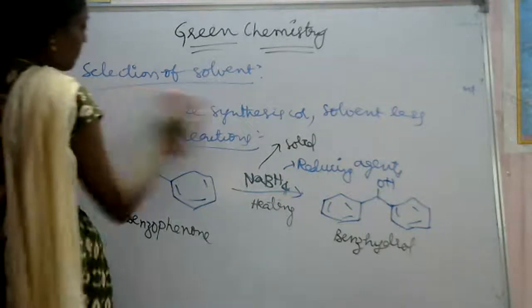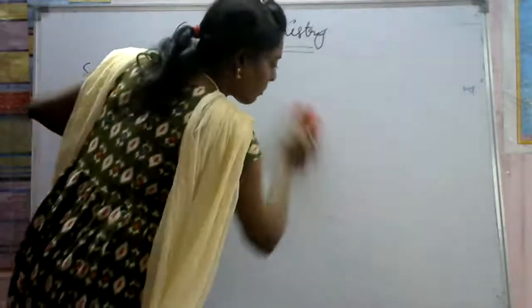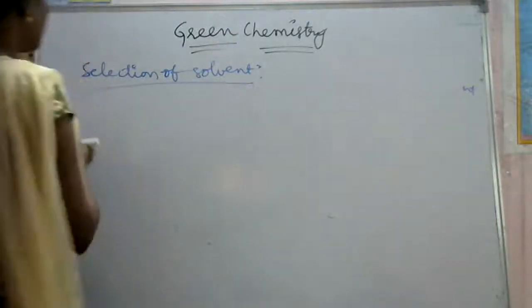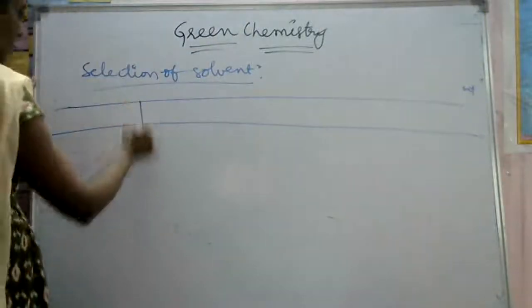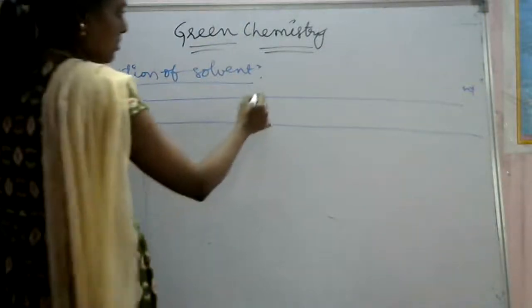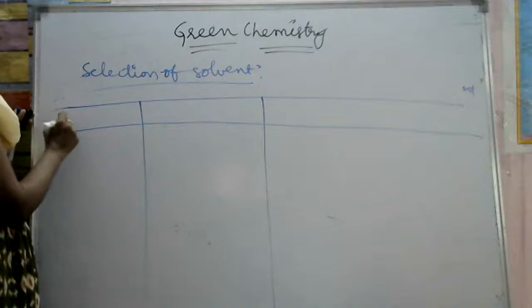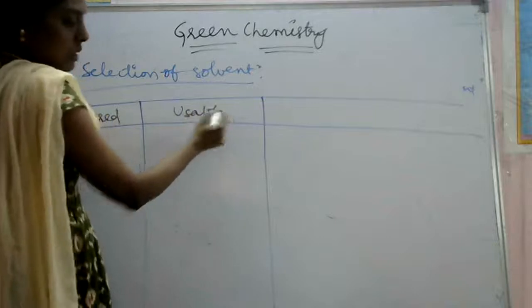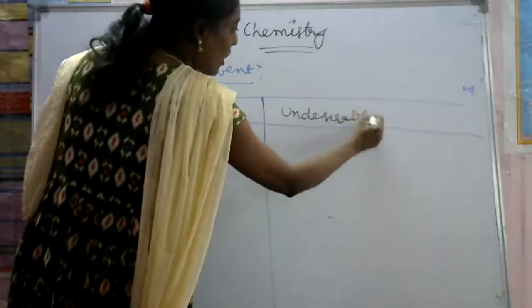Next, we have to compare all this in one table. Some are preferred, some we can use, but the undesirable ones we have to avoid.